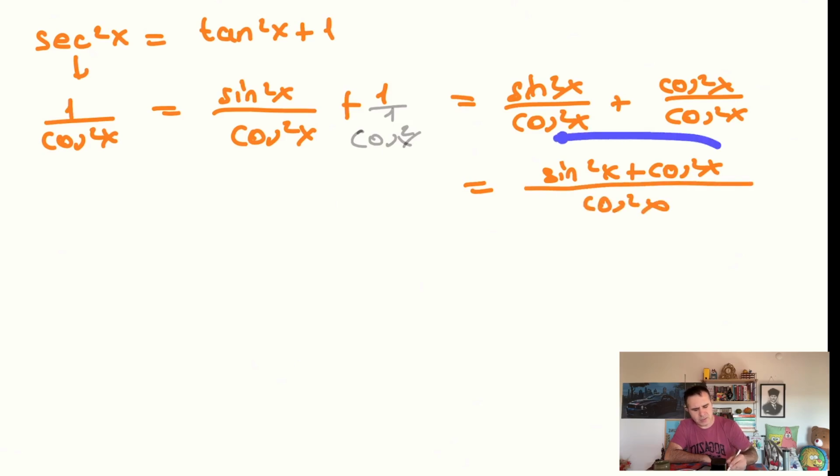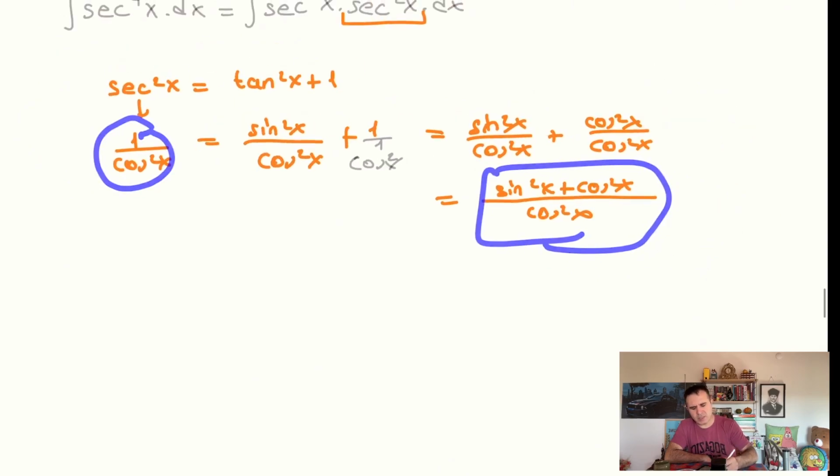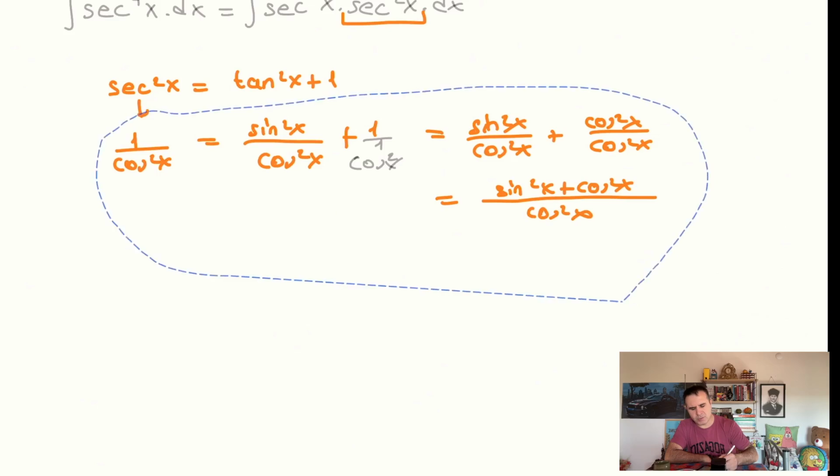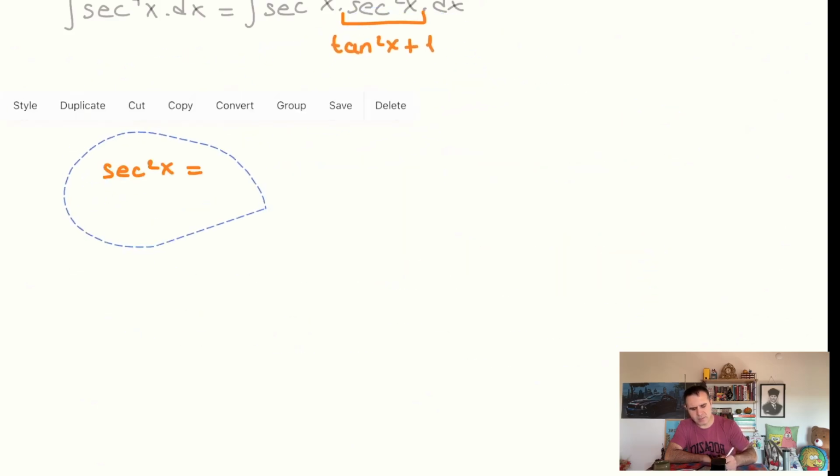Since the addition of sine square of x and cosine square of x is 1, this part will be equal to 1 over cosine square of x. And this identity is really important for you. And we will write tangent square of x plus 1.